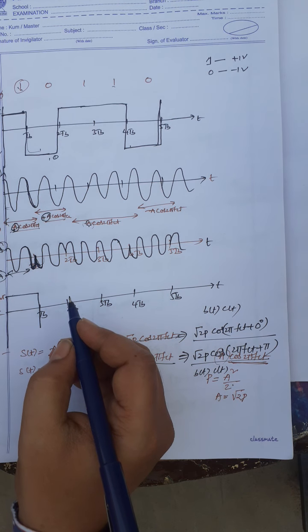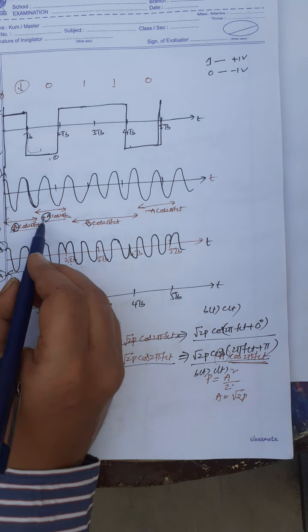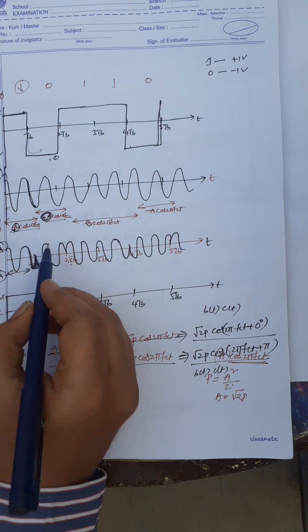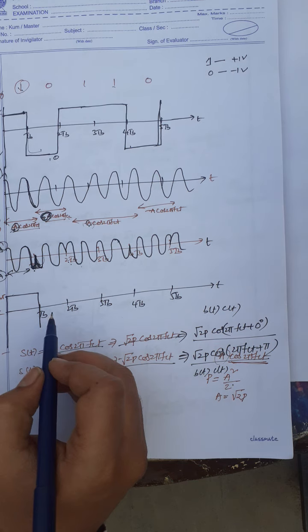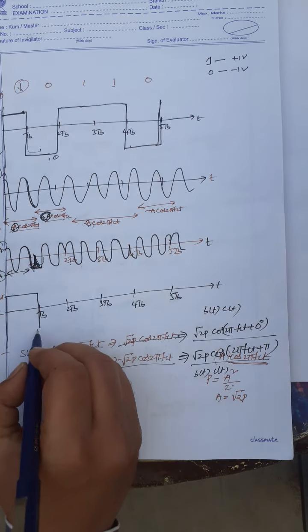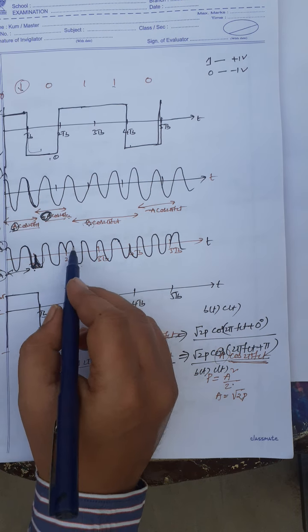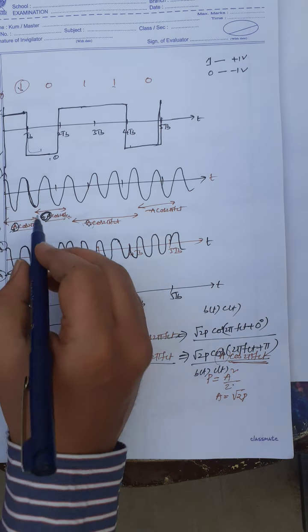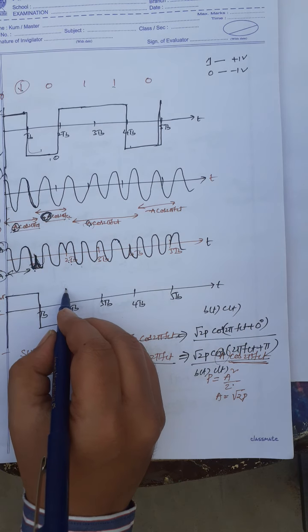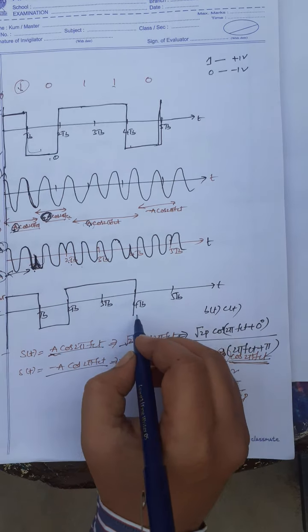Next, from here to here, what is the phase shift? Minus A. Yes or no? Here I am getting minus A cos 2 pi fc t. So because of minus A, I am getting a negative value. Again, here there is no phase shift. From here to here, the phase shift is positive, so a positive value up to this point.